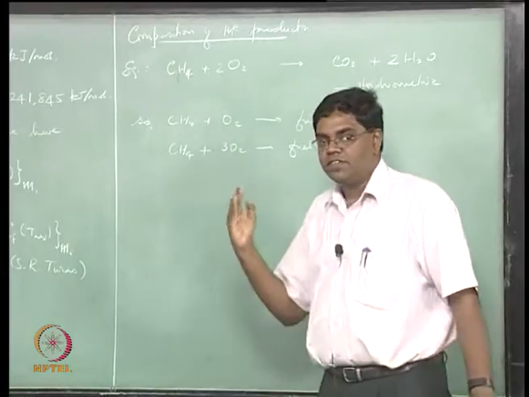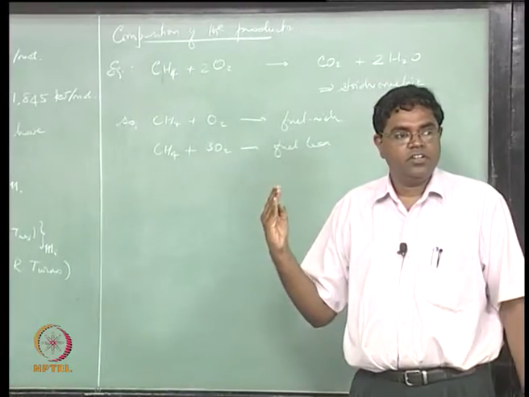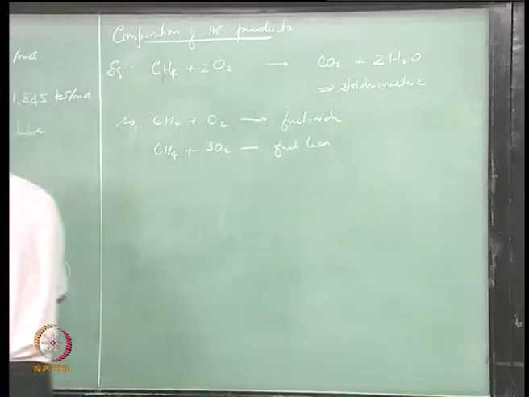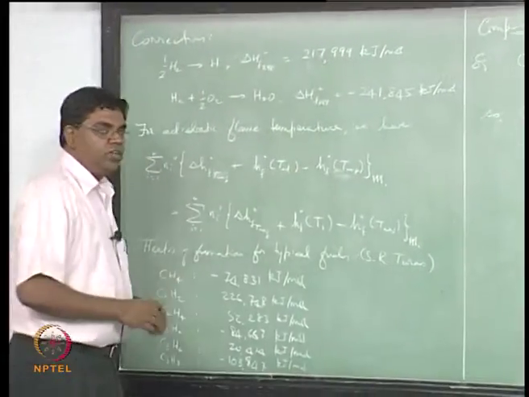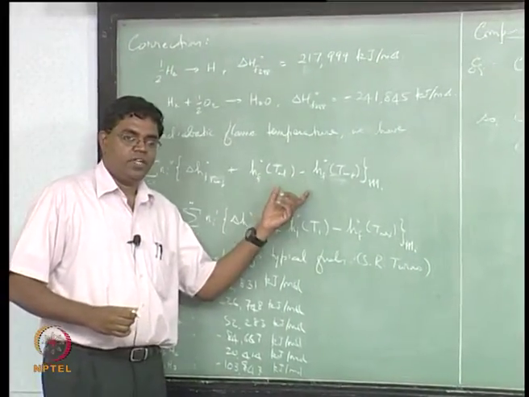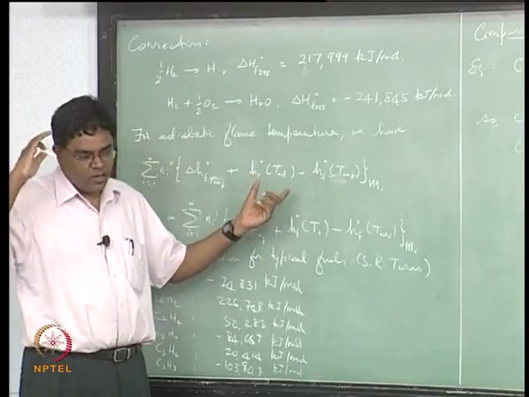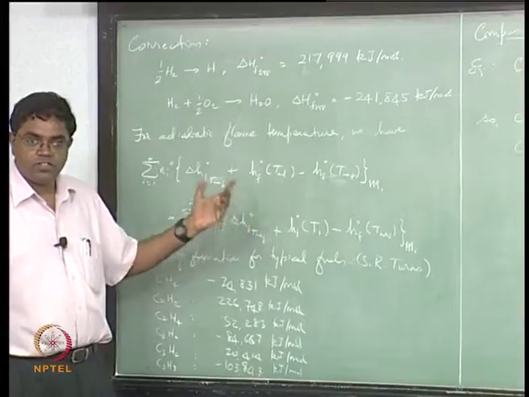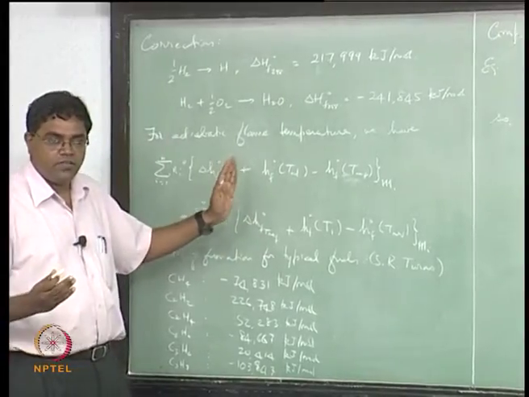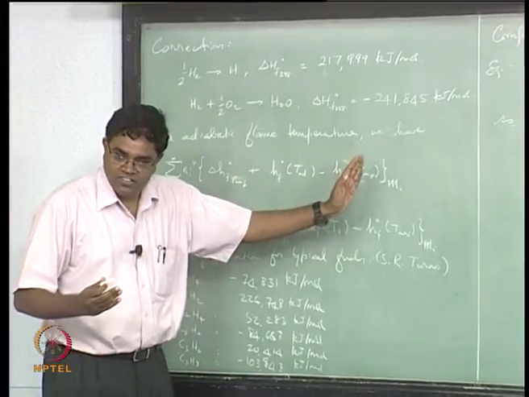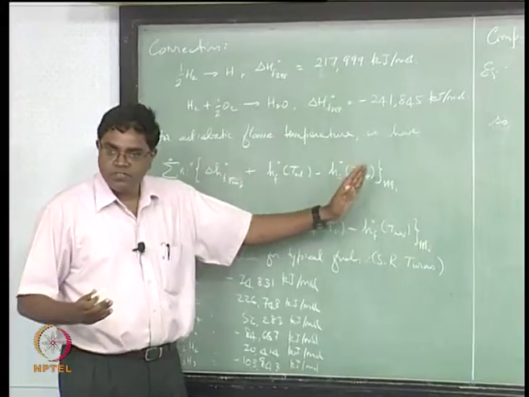So why near instead of at? It's got to do with how you look at the sensible enthalpy. Recall that we could look at the sensible enthalpy as an integral Cp dT, or if you are thinking calorifically perfect gas, which is simpler, it is simply Cp times (T adiabatic minus T reference), right.